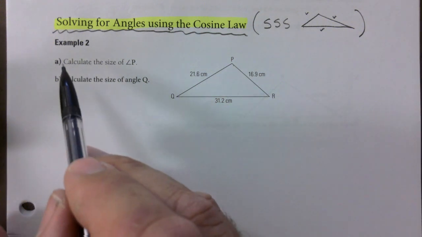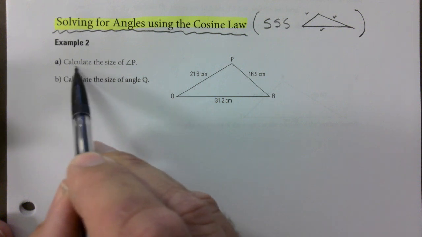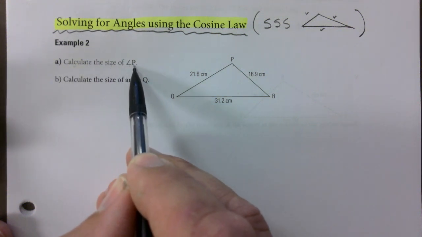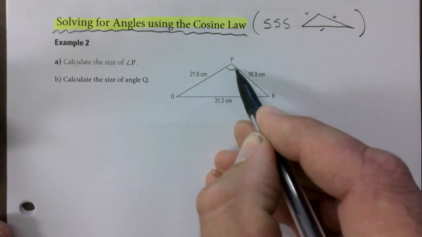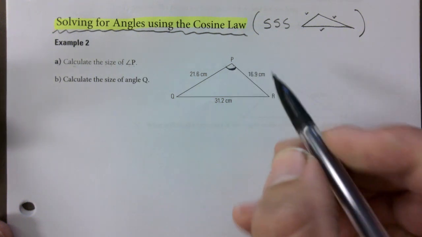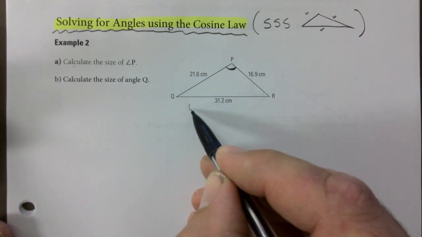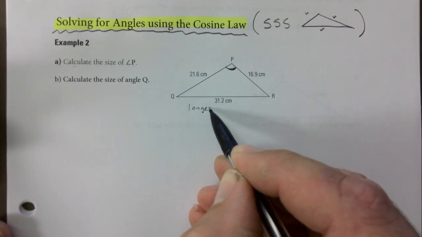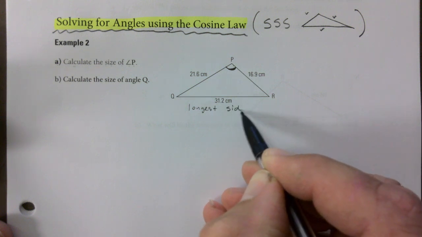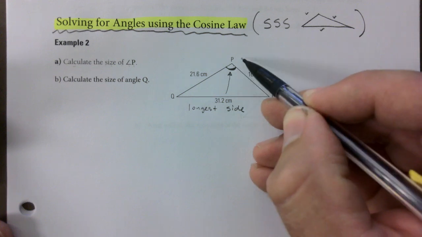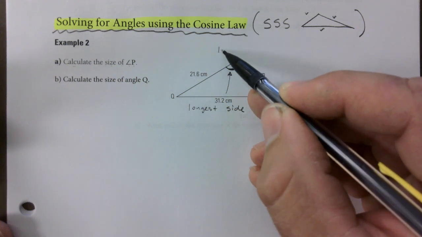And so the first question is saying calculate the size or the measure of angle P. So they want this one. I want you to make note of this. Okay, go ahead. This is the longest side, which means that you're going to have the largest angle across from it.